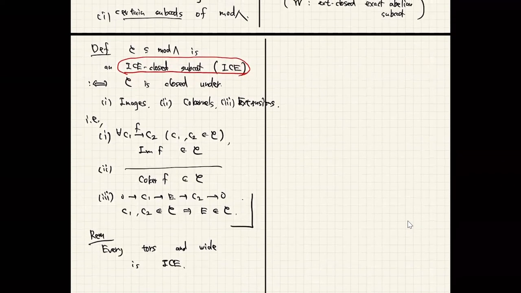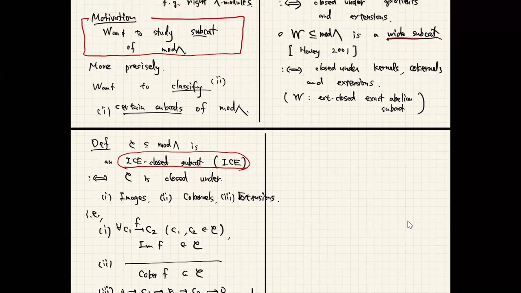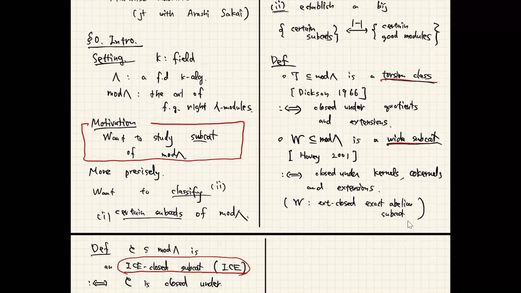It's because, for example, since a torsion class is closed under quotient modules, if we have this map, then there is a surjection from C1 to image F. So image F is a quotient of C1, so it belongs to C, since C is closed under taking quotients. And similar for co-kernels, and closed under extension is already contained in the definition of torsion class.